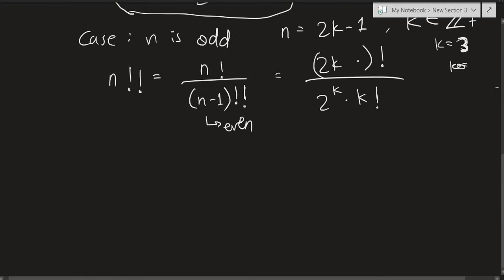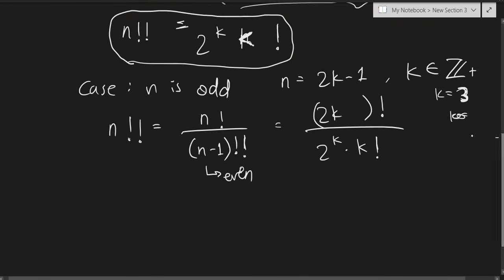This is not 2k minus 1, it's just 2k factorial. And you can check with 3 now, because when k is 3, you just have 5. So 5 times 2 is 10 factorial.